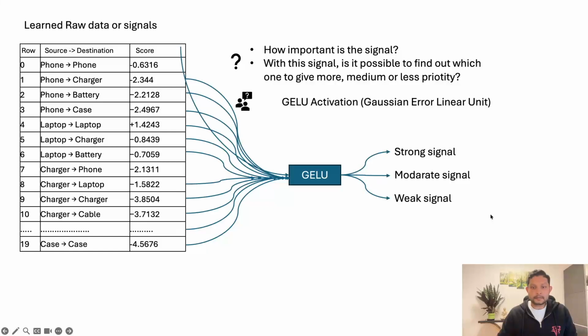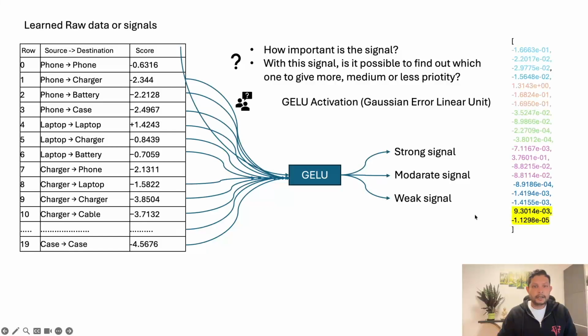So once we apply this activation function, we get this kind of value, right? The main purpose of the activation function is that it tells us whether a signal is strong, moderate, or weak.